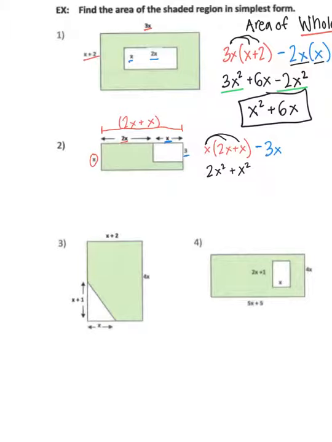Then finally, at the end, I can't simplify the end piece yet, so that stays 3x at the end. Now I can combine these two terms, 2x squared plus x squared. That gives me 3x squared. Remember, if we're adding like terms together, that just changes our coefficient, does not change my exponent. And I still have minus 3x at the end. And this is my answer in simplest form.